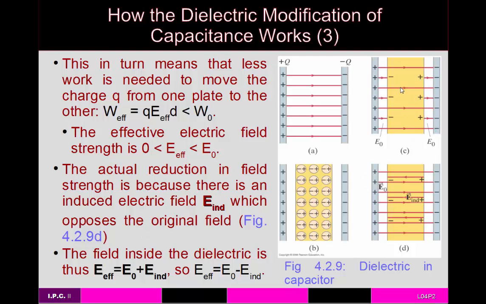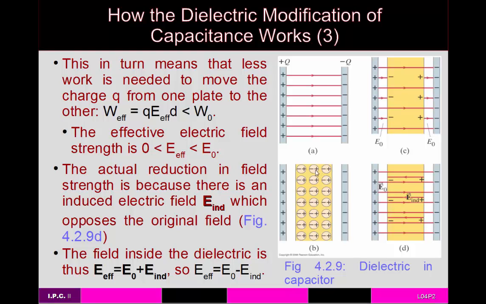And this reduced amount of work and reduced voltage is thanks to the fact that you have this induced field inside of the material, which comes from the fact that all these molecules have rearranged themselves so that you have polarization lined up along the field lines. If you were to draw some field lines here, inside of the molecule, you'd have a field line from this point to this point.